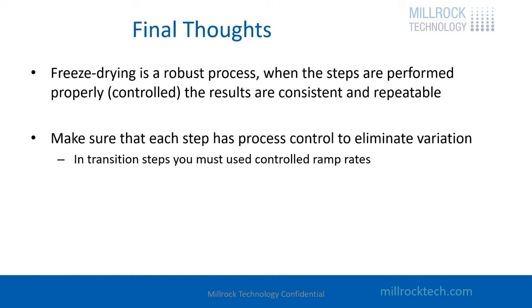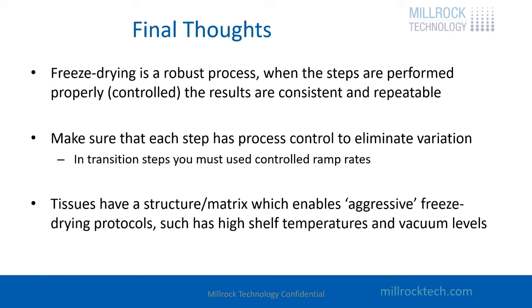Make sure that each step has process control to eliminate variation. If you're doing tissues or collagens, you can be a little more aggressive because you actually have a structure or what's called a matrix that supports the material. So collapse isn't really the problem, it's the melt back portion of things that's the problem.